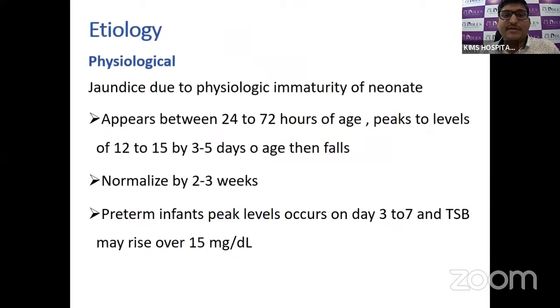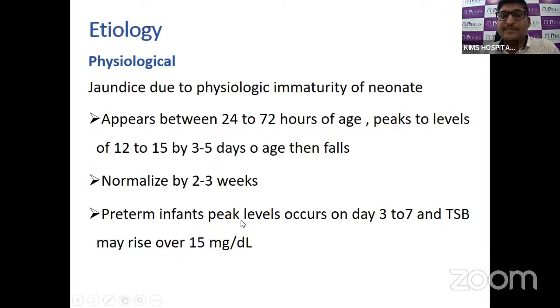So when it comes to the etiology, one is the physiological jaundice. Physiological jaundice is due to physiological immaturity of the neonate. It appears between 24 to 72 hours of age, peaks to levels of 12 to 15 by 3 to 5 days of age, then falls gradually, normalizing by 2 to 3 weeks. Okay.